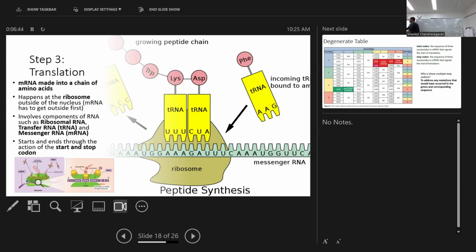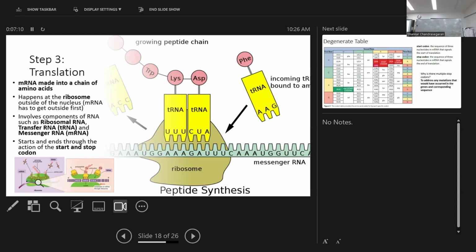Okay, so for translation to happen, there are three RNA molecules that need to work together. We would have looked at this when we looked at proteins as well, but these RNAs are ribosomal RNA, transfer RNA, and messenger RNA. So the messenger RNA is the one that carries the information about the exons, how to code for the protein.